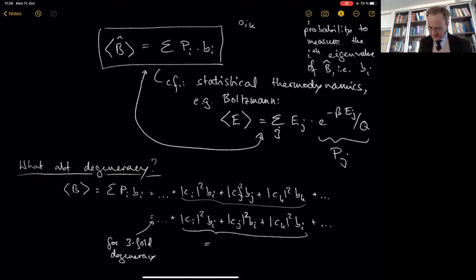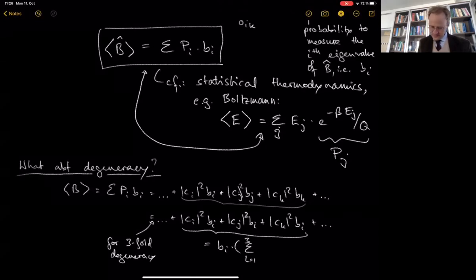So this thing then becomes Bi times the sum over L equals 1 until 3.